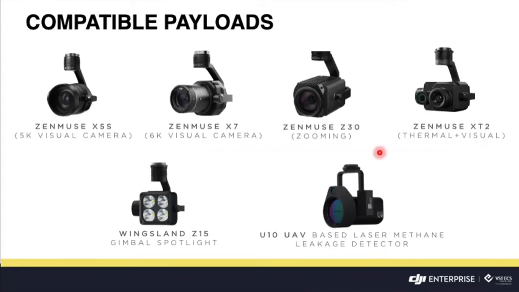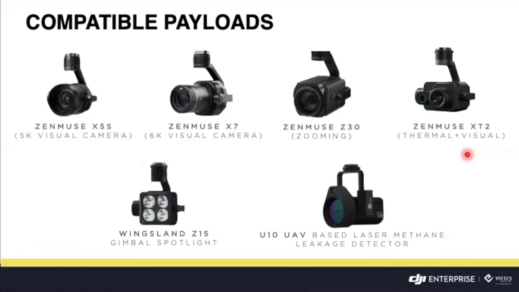Then, if you want to use the Matrice 200 version 2 series for inspection, you can use a Zenmuse Z30 with a 30 times optical zoom capability and a Zenmuse XT2 with an integrated thermal and visual camera. It is integrated with a FLIR radiometric thermal sensor and a 12 megapixel visual camera.